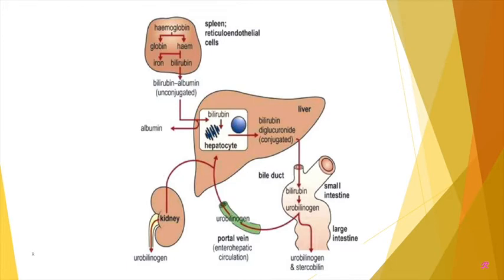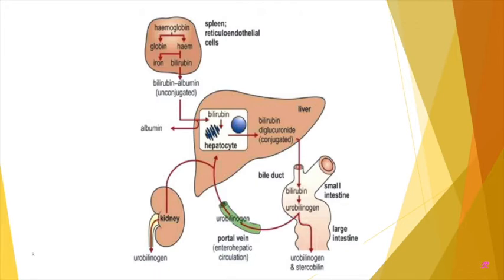From the intestine, there are three pathways. That is through the kidney, where it gets excreted in the urine, and through the intestine, as a continuation, it gets excreted in the feces as stercobilinogen. First in the intestine it gets converted into urobilinogen by the intestinal bacteria.